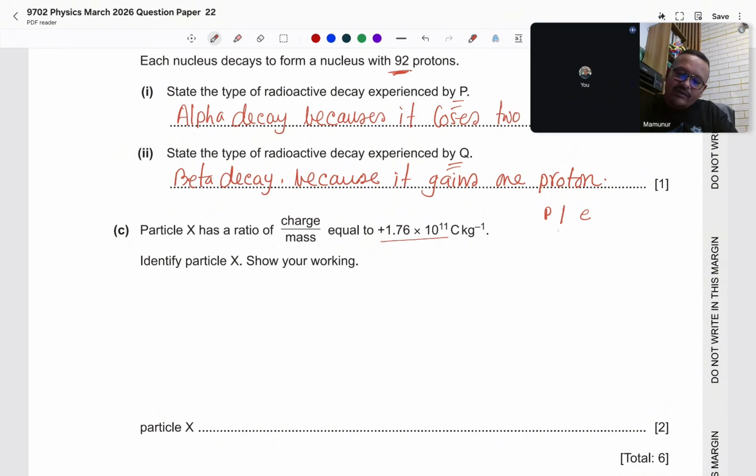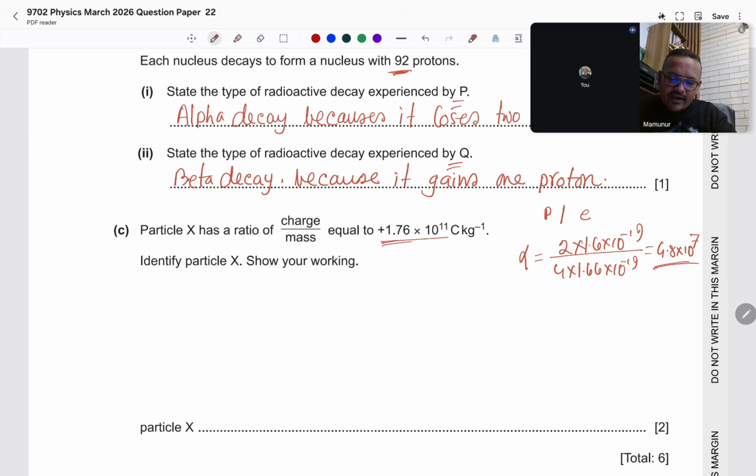If the particle is alpha, we can find the charge to mass ratio: 2 protons, so 2 into 1.6 times 10 to the power minus 19, divided by the mass, 4 into 1.66 times 10 to the power minus 27, which gives 4.8 times 10 to the power 7. The answer is not matching.